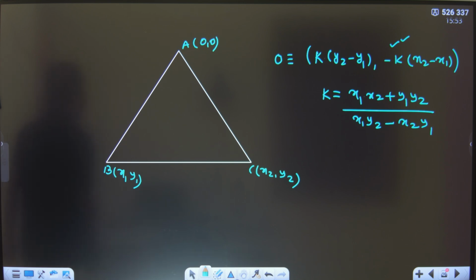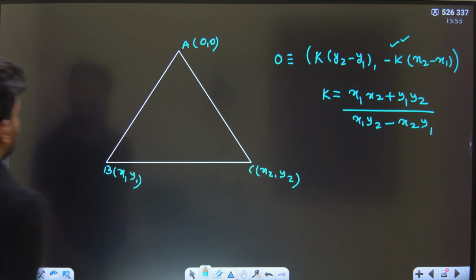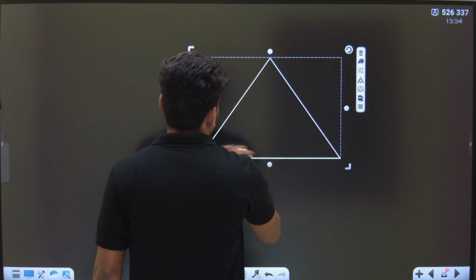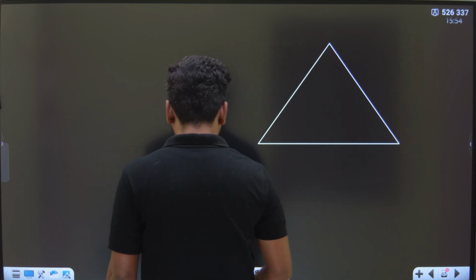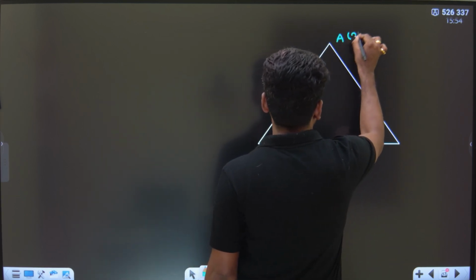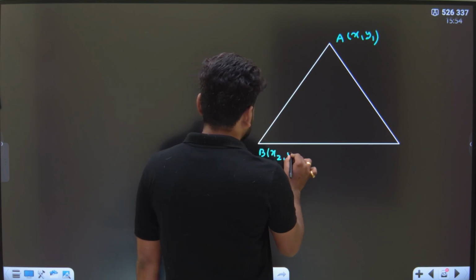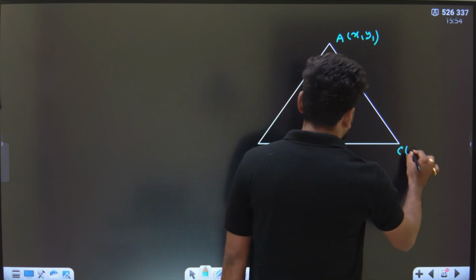Now we are going to see the area of a triangle. What is the area of a triangle? Suppose there is a triangle whose vertices are A(x1, y1), B(x2, y2) and C(x3, y3).